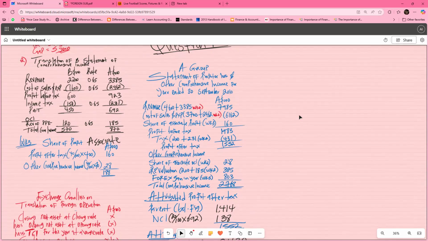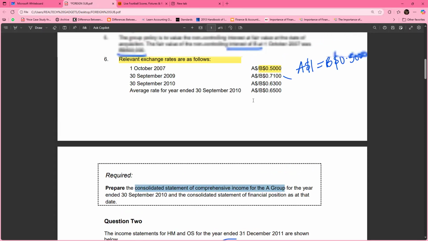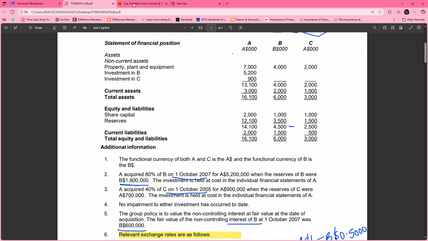Before you can proceed, one of the first things you have to do, since the statement of financial position is what is required now, is to translate the statement of financial position of the subsidiary.